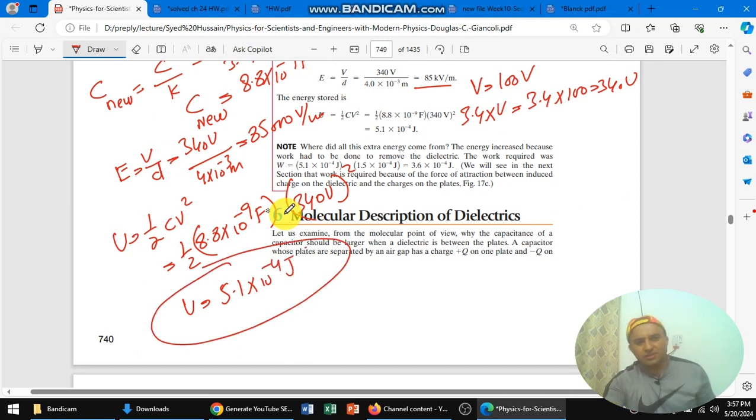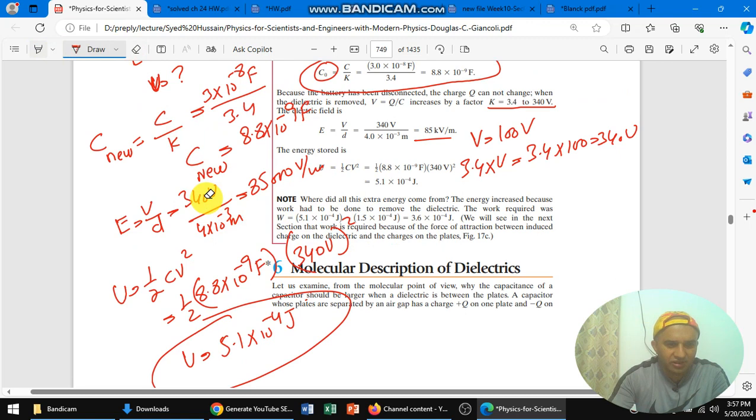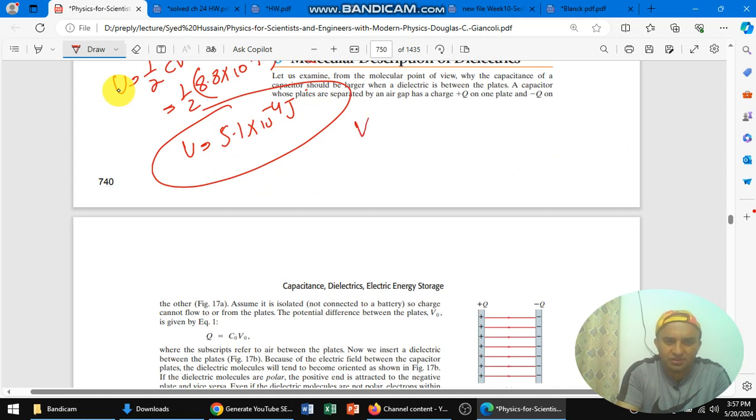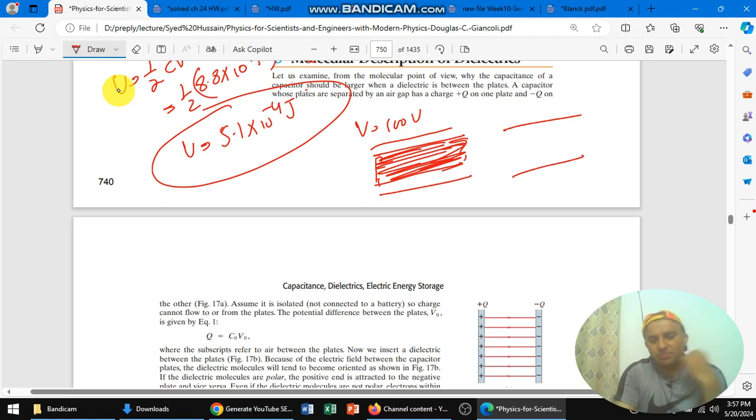I again repeat, the voltage is 340. Why is the voltage 340? Because the starting voltage is 100 volt when the dielectric medium is present between the plates. When we remove this dielectric medium, the voltage increases. Without the medium, the voltage is large.